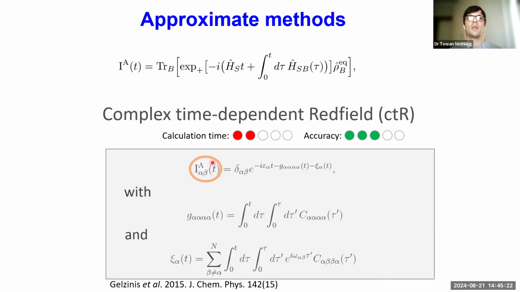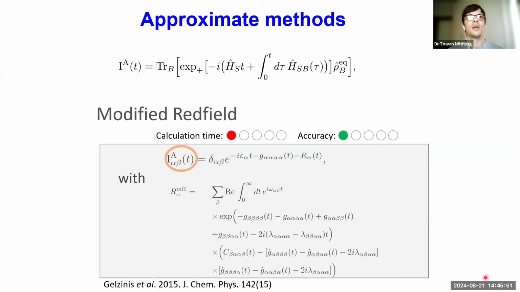I'll also not discuss these equations, although this is a fairly accurate method and also not too computationally complex. So if ever you are in need of a method to calculate linear spectra, I would recommend looking at this one, complex time-dependent Redfield.